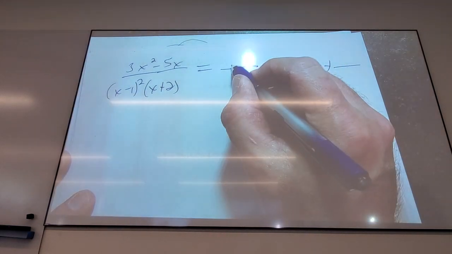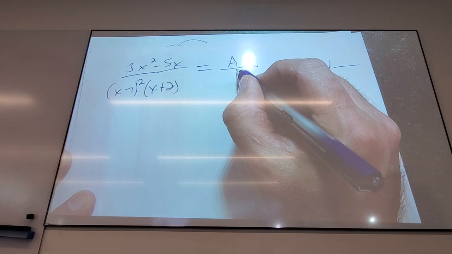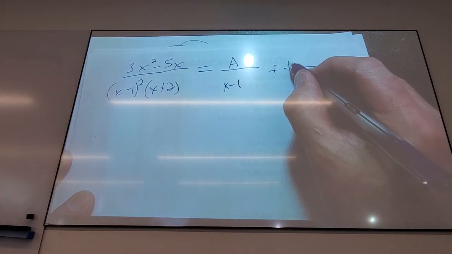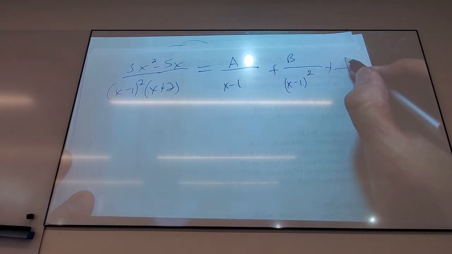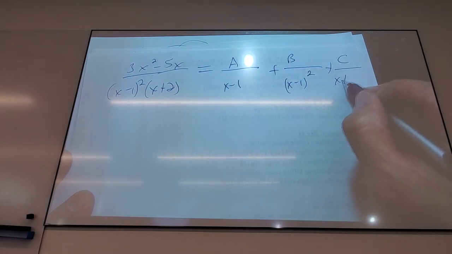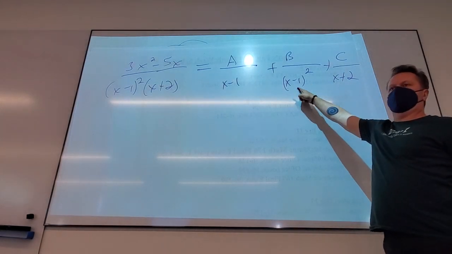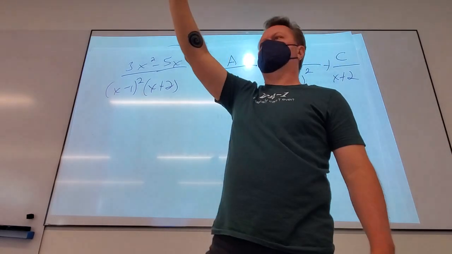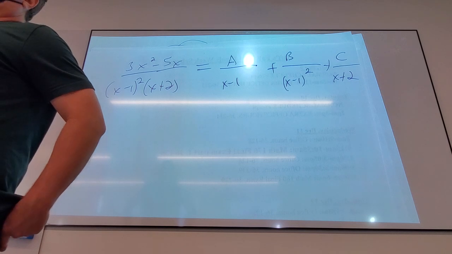A over x minus 1, B over x minus 1 squared, C over x plus 2. Good. Because each bottom is linear, it's just repeated linear. So the top always has to be 1 degree less. Okay. Now what do I do?